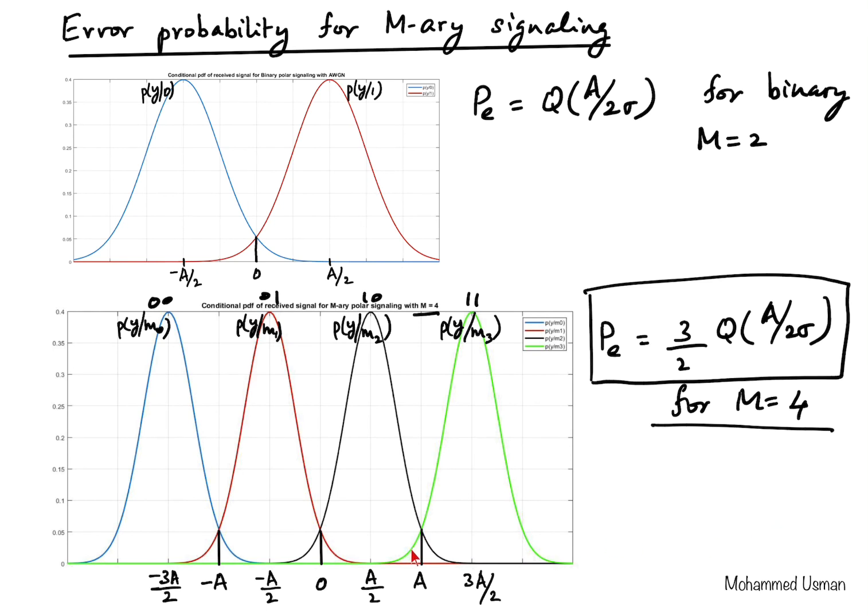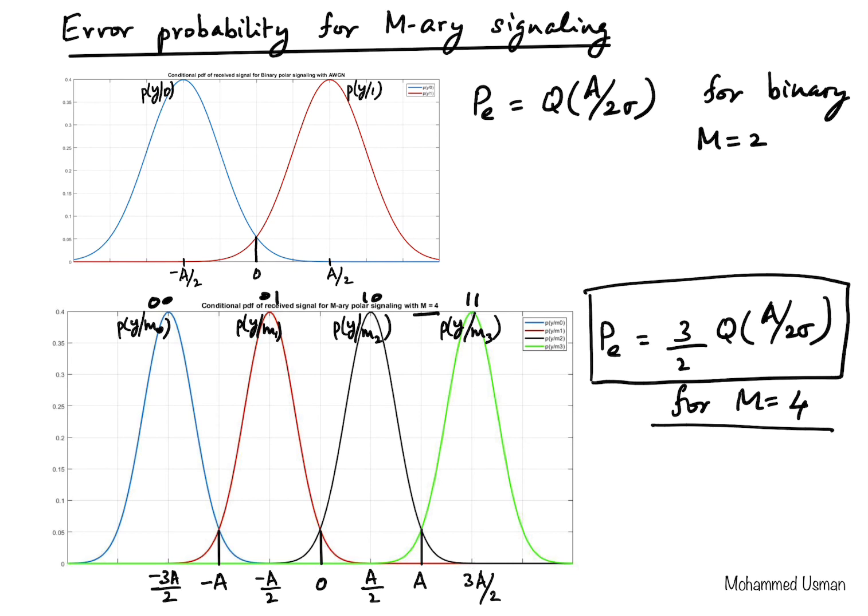But the symbols which are in between have boundaries on either side. For example, this symbol M1 is having one boundary to its left and one boundary to its right. So if it crosses the boundary on the left side or on the right side, it will cause an error.